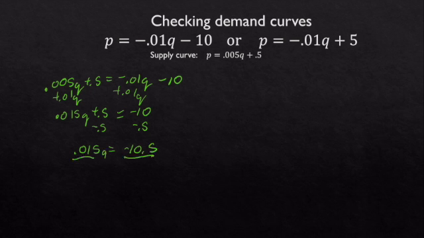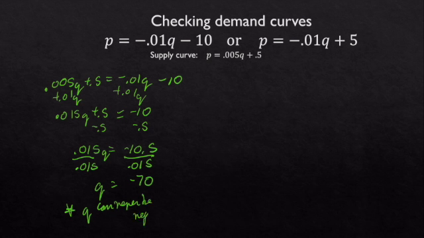And I need to go ahead and divide both sides by 0.015. Now hopefully by now you've seen the problem. I get q equals negative 700. This breaks a rule, right? A rule that q can never be negative. All right, so that means that this is not our demand curve.